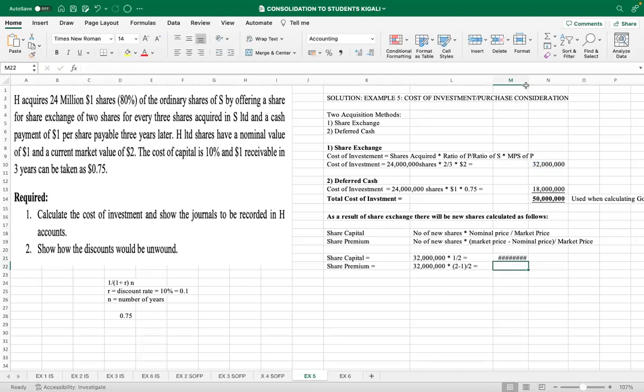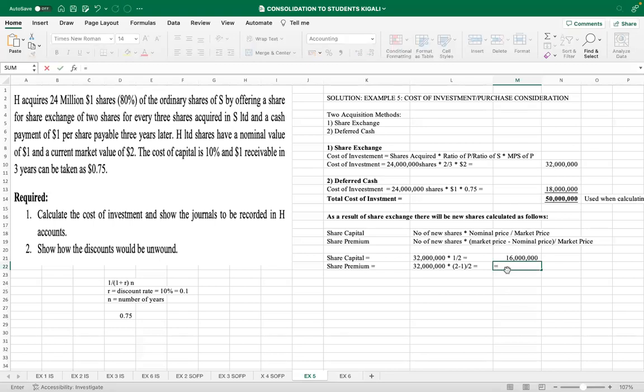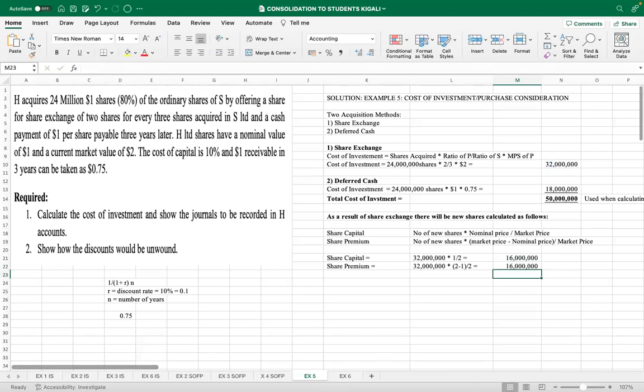It gives you 16 million. And the share premium is also 32 million times bracket 2 minus 1, where 2 is the market price, divided by 2. So it gives you also 16 million. So out of this 32 million, we have found out that 16 million goes to share capital and another 16 million goes to share premium.